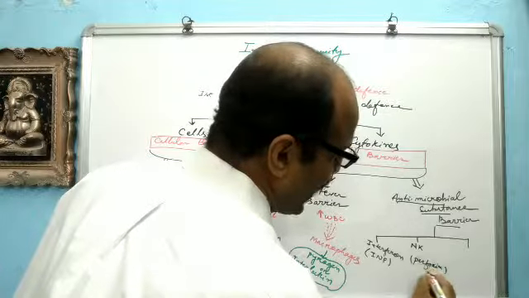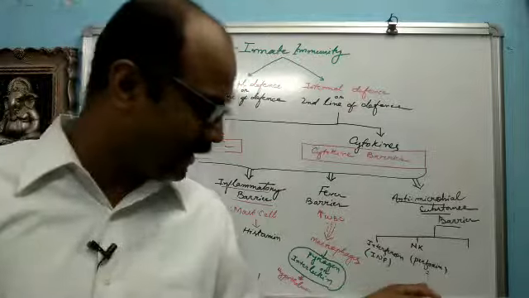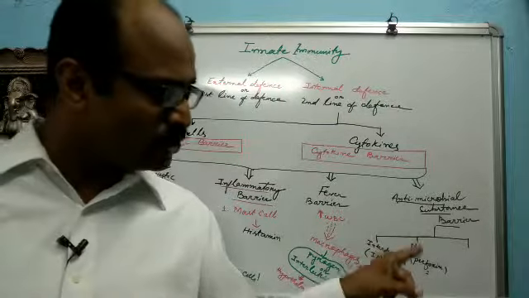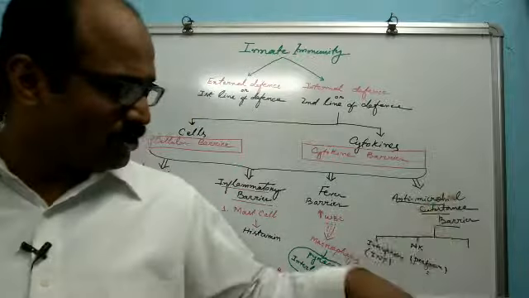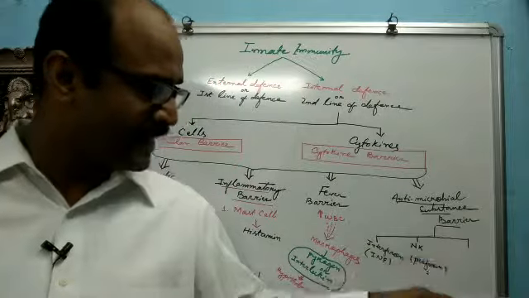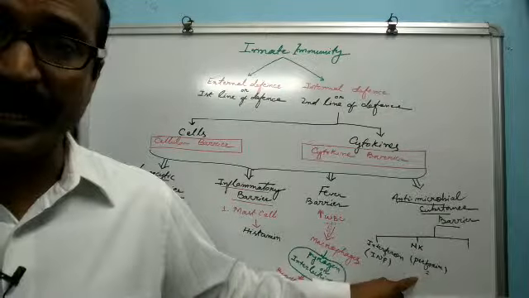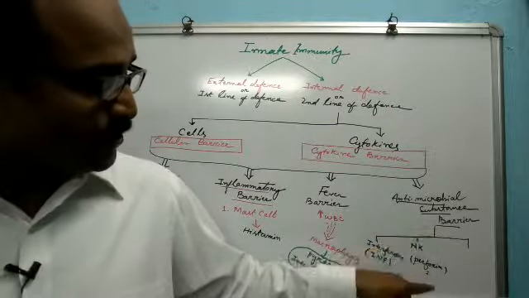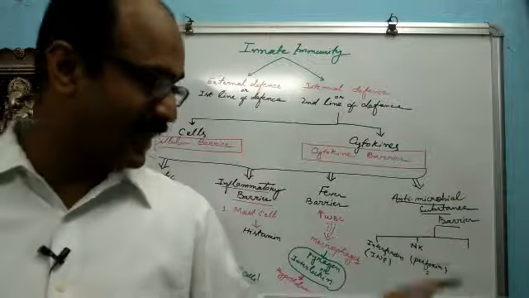The NK cell secretes perforin, and such perforin makes holes on the surface of the infected cell.